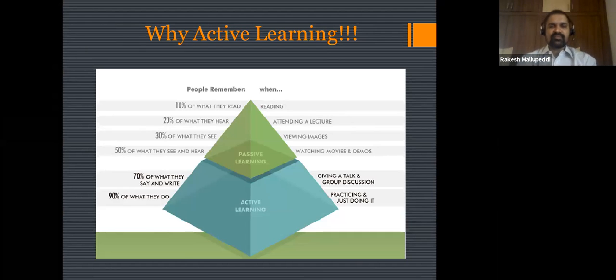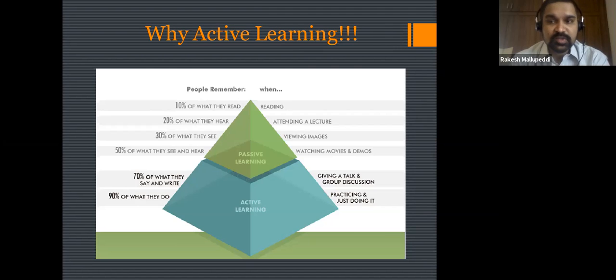Active learning involves much more than just an instructor or faculty providing the content, the context, and the material for studies. It involves students coming up with their understanding of the content, practicing it, clearing their doubts, and reflecting on what has happened.